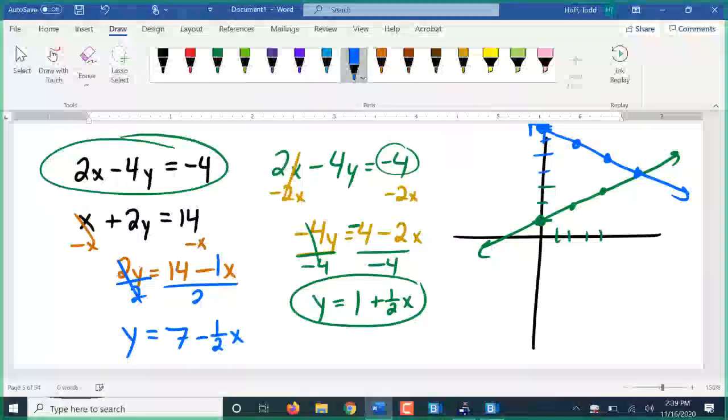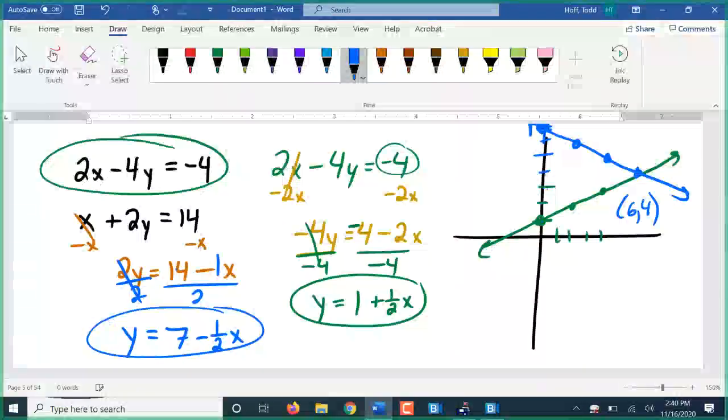And we get a point out there. What does that appear to be? Looks like 6, 4. Appears to be where they cross. Let's make sure those work. And it does. It appears that works in both equations.